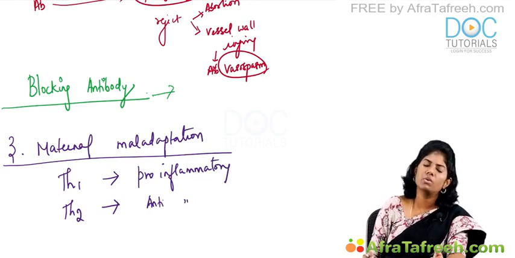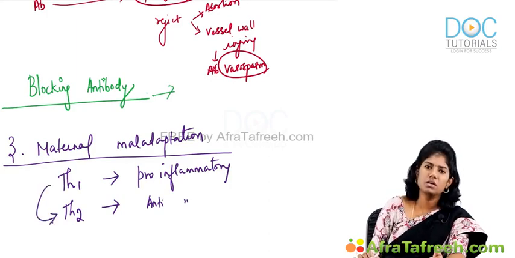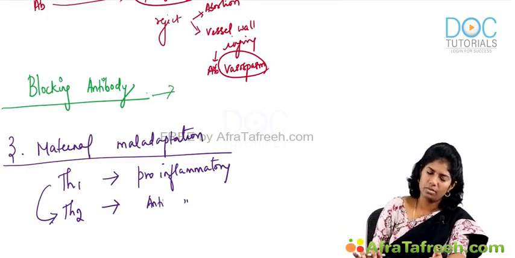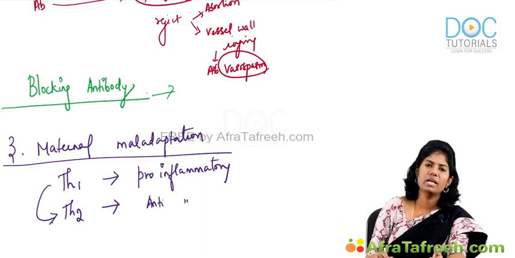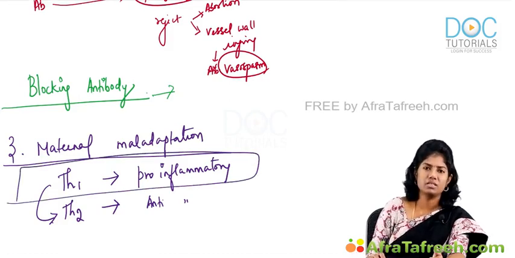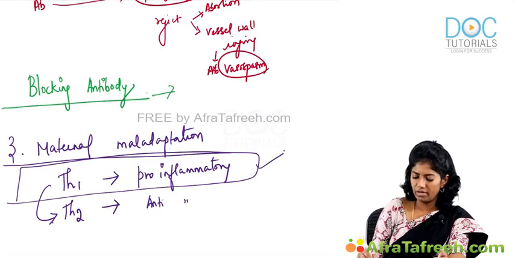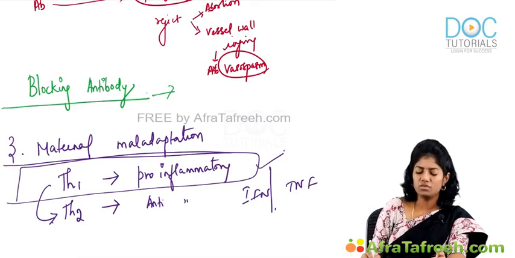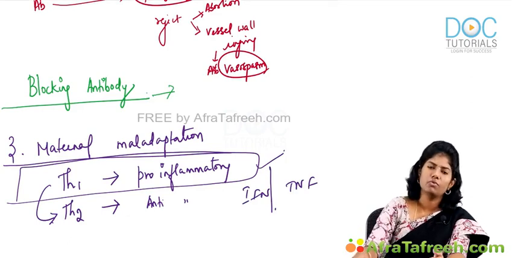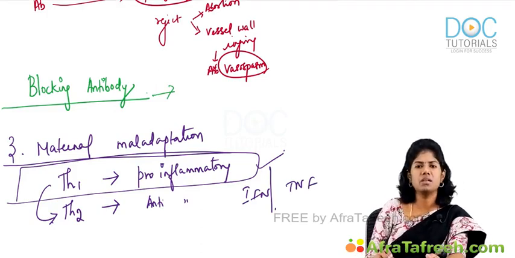Now a normal pregnancy escapes from rejection because there is conversion of T helper 1 to T helper 2, and pregnancy is a state where predominantly you see T helper 2 cells. Now what if this conversion fails and the T helper 1 cells predominate? That is where pro-inflammatory cytokines like interferon and tumor necrosis factor increase, and they will provoke an immune reaction and aid in the rejection and vasospasm. So this is behind maternal maladaptation.